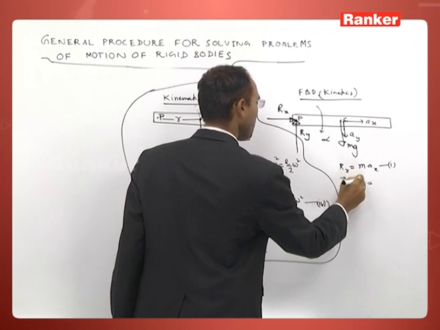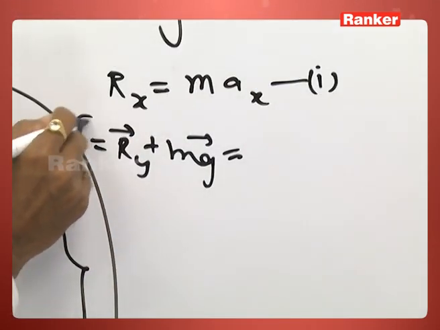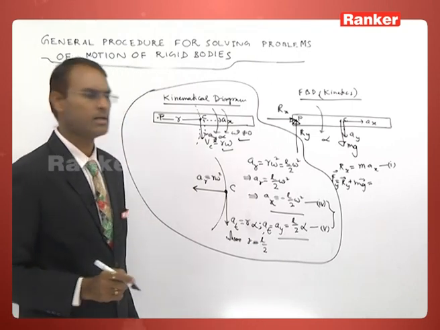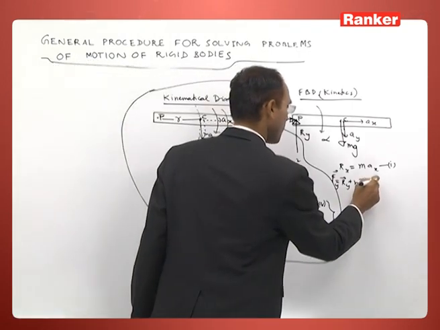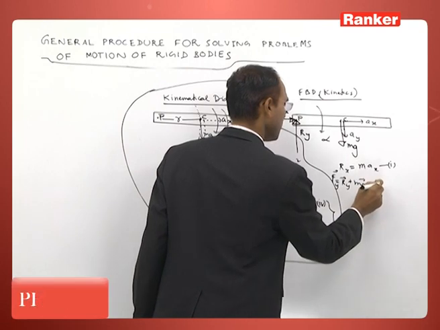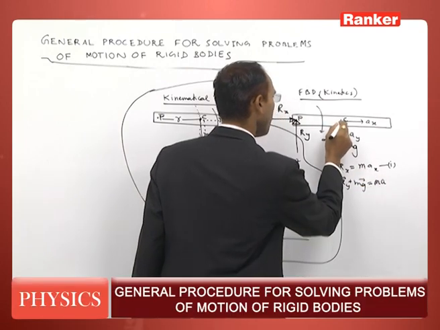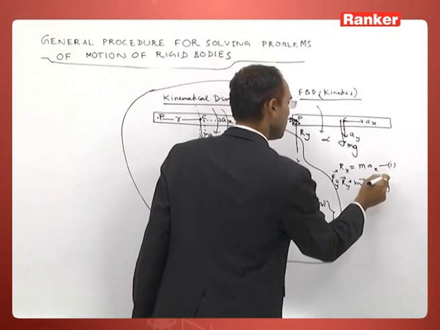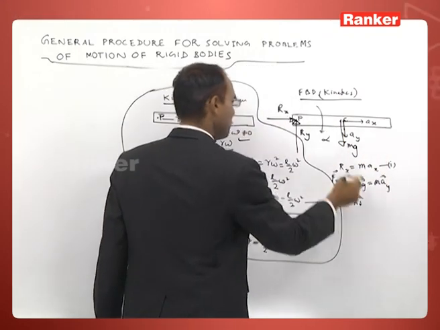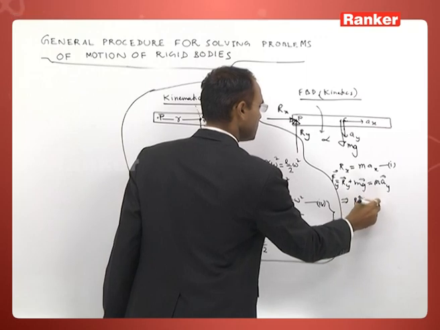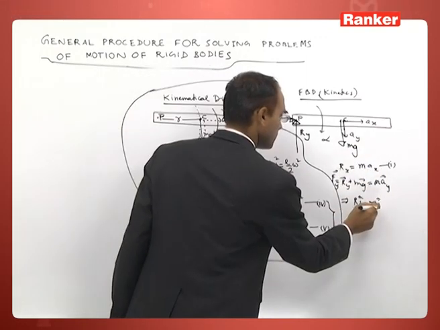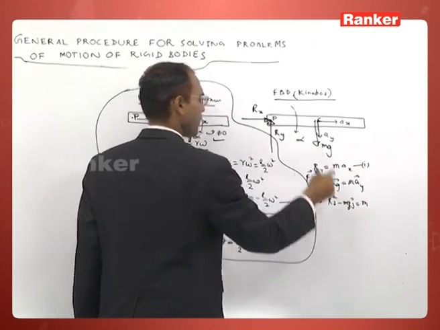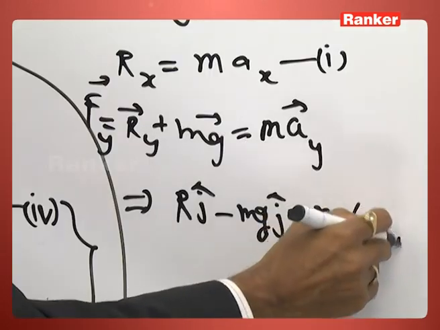Ry vector plus mg vector, this is the net force in vertical direction, and that is equal to mass times acceleration of the center of mass, that is C. Ry j cap minus mg j cap is equal to m into ay, that is minus ay j cap.